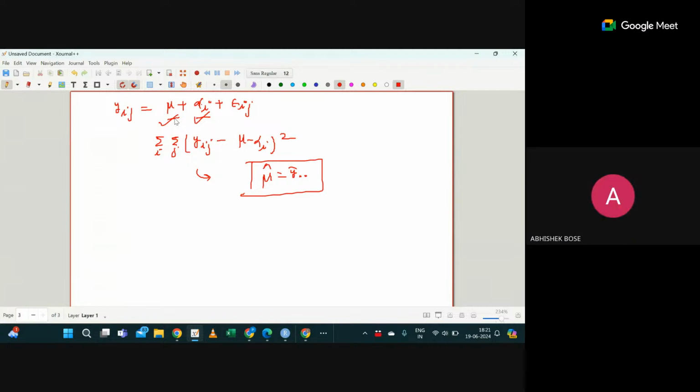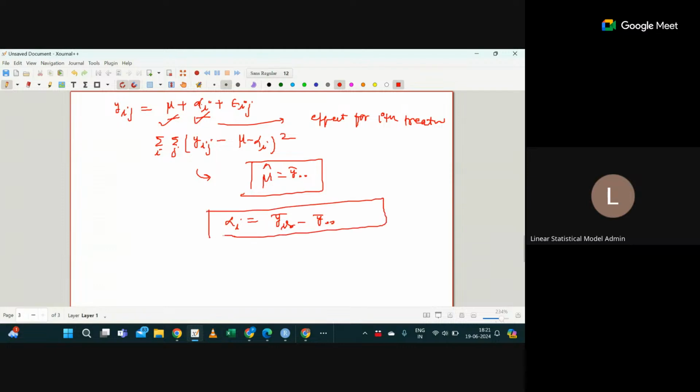Similarly, can you guess what the value of alpha_i hat should be? Alpha_i represents the effect for the ith treatment, so it will be y bar i dot minus y bar double dot.